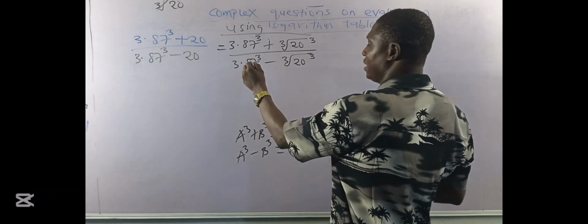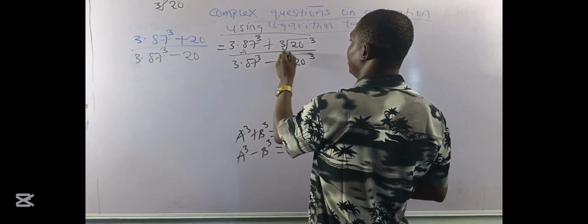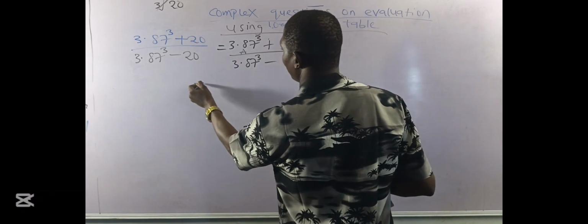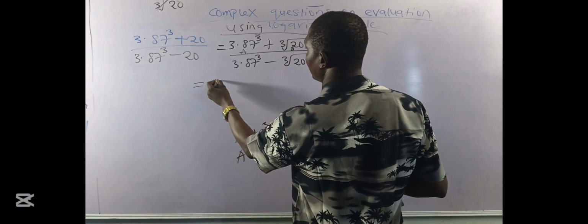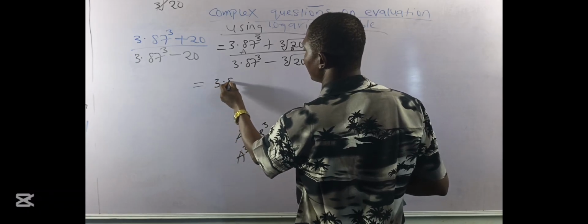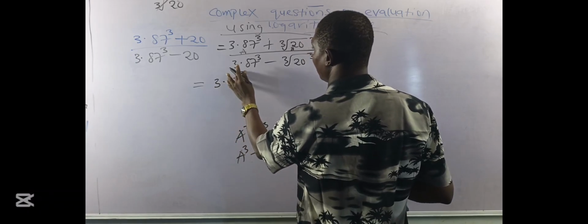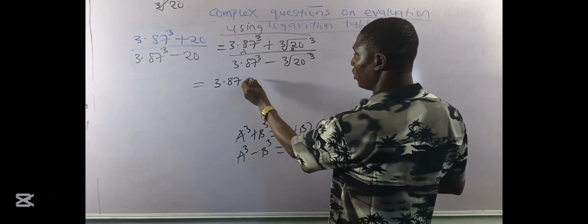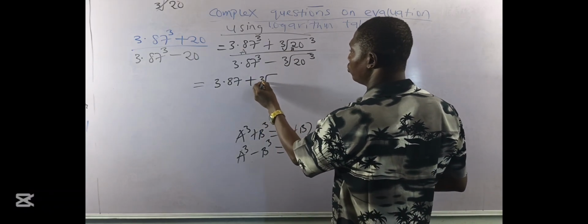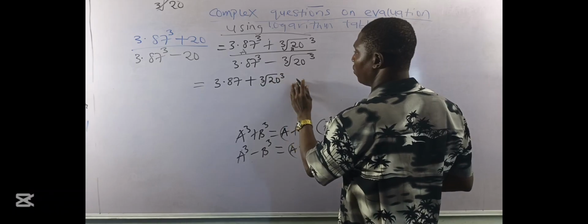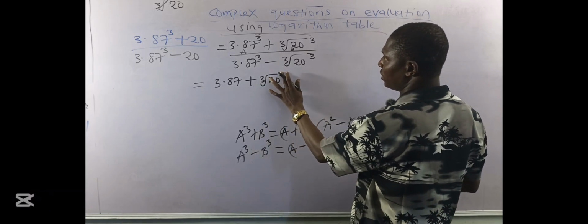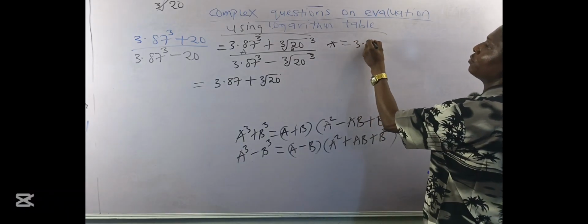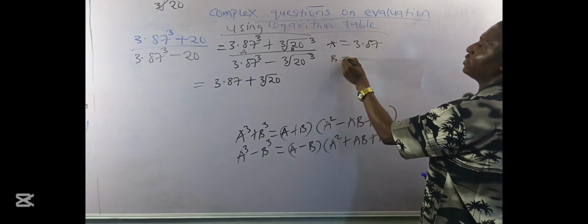Now, we take our a as this, and we take our b as this. So, we have this expression as 3.87 sum of 2 cubes, which is the top, plus the third root of 20 raised to power what? 3. But we are not using this, because a is equals to 3.87 and b is equals to what?